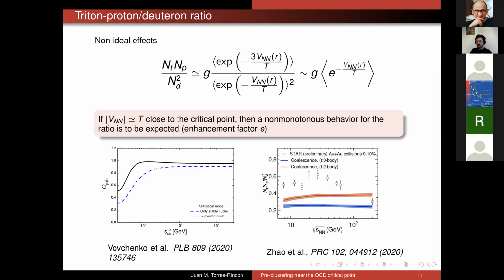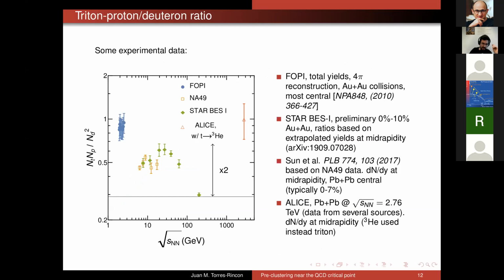Then, what happens in experiment? Well, this is experimental data. I don't have much time to discuss every detail here, so let me not discuss low energy and high energy, but just focus on these intermediate energies. Here is data from STAR, and also data extracted from NA49 collaboration. You see a structure which looks like a peak at some particular energy.